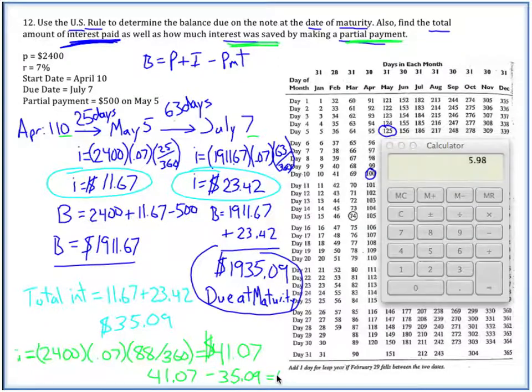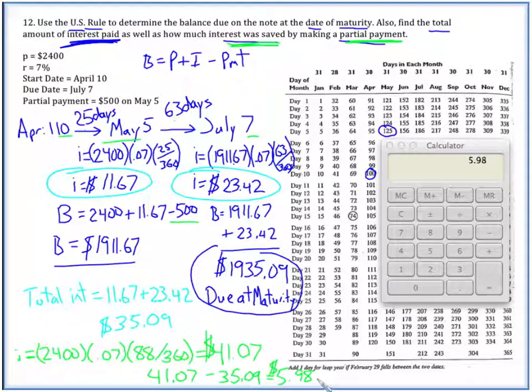And so that saves us $5.98. Okay, so by paying this additional $500 here on May 5th, we ended up saving $5.98 off of our total loan here.